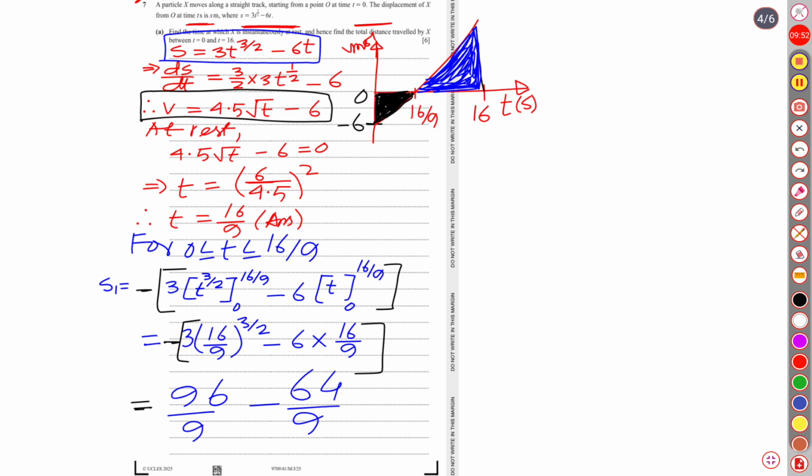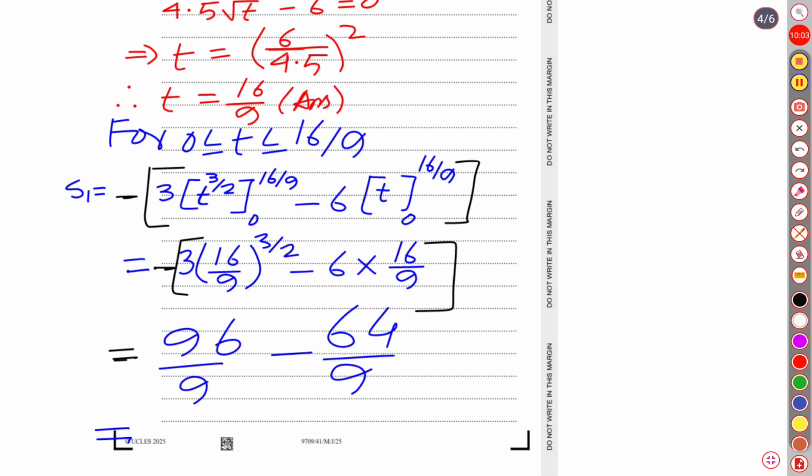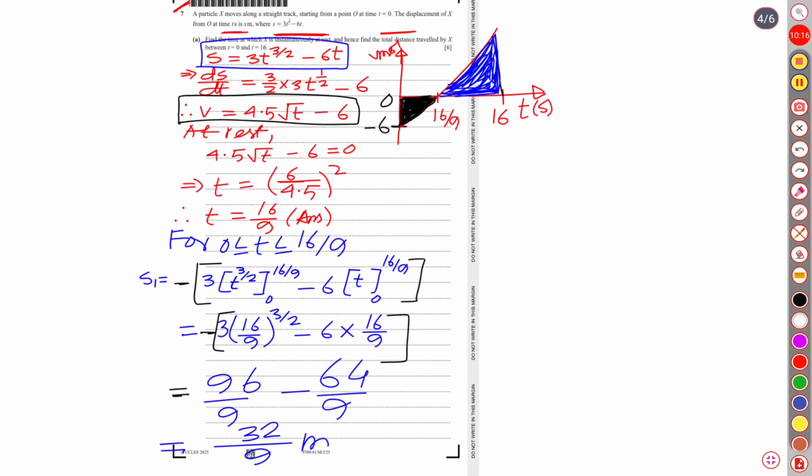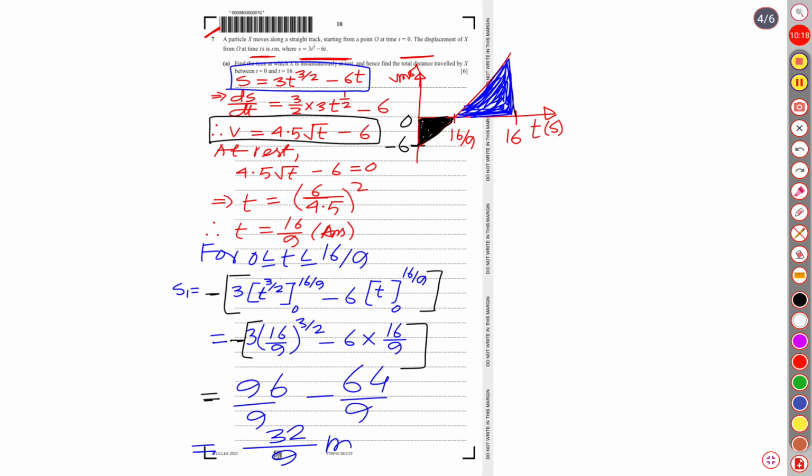Then finally our first part of this displacement is 32 over 9. So 32 over 9 meter is the displacement travelled in the first phase when the particle was at instantaneous rest.